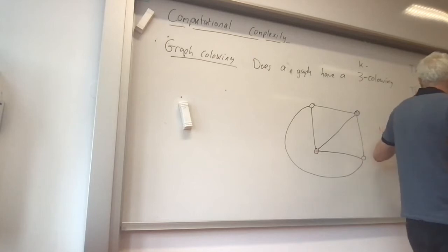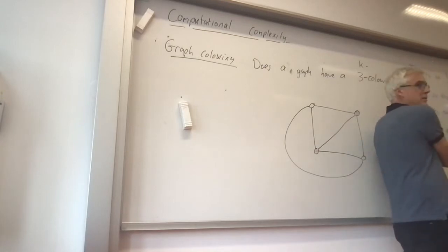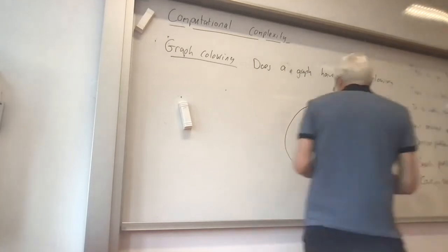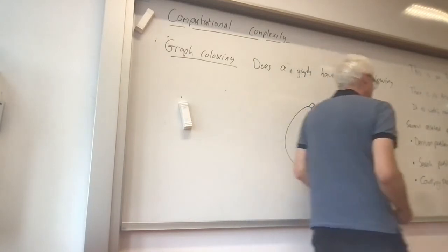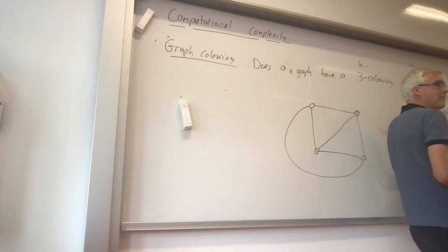But in practice, these are questions that we can hope we might get an efficient answer to, because here the answer is yes, no, so it's 1 bit. Here the answer is finding a k-coloring, so that's basically a color assigned to every vertex of the graph, so it's the same size as the graph. Here's the counting problem, how many k-colorings are there? That's a number.